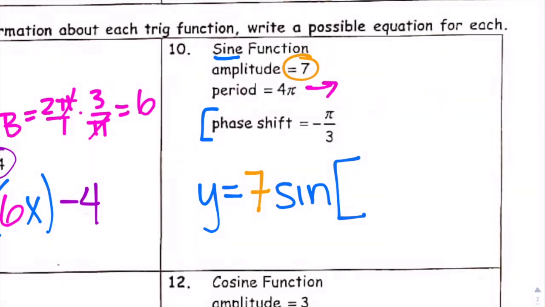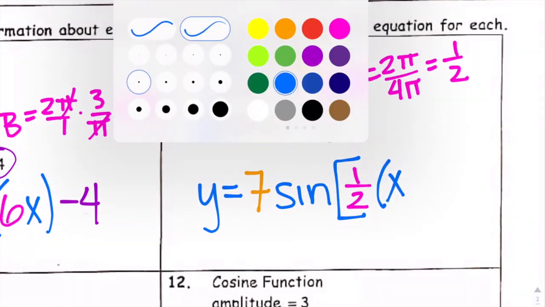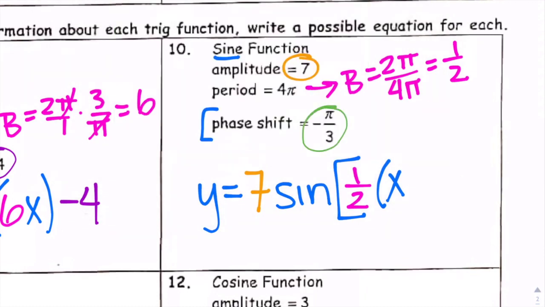So we're using the period here. So b is equal to 2 pi divided by that period, and so that gives us 1/2. And then we're going to do parentheses, and we're going to have our x, and then we're going to do the opposite of for our phase shift, so the opposite of this, so we're actually going to do plus pi over 3. And there's no vertical shift, so there's nothing added or subtracted to the end.